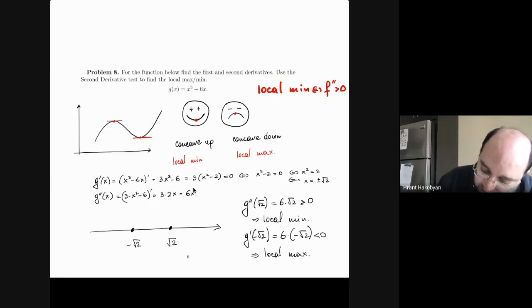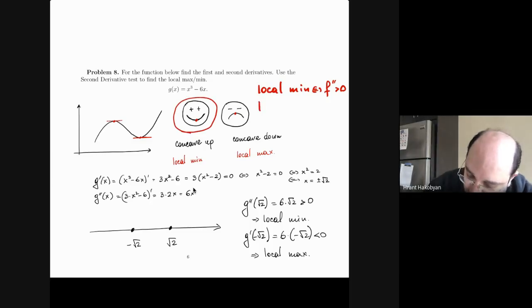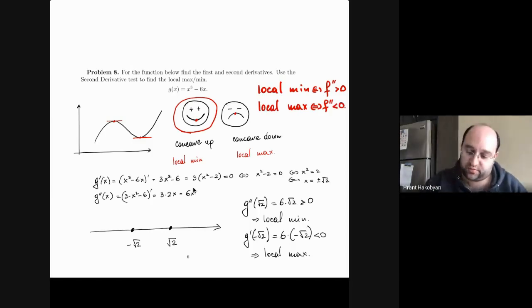Okay, like in this situation here. And local maximum means that the second derivative is negative at that particular point, just like in this example here.